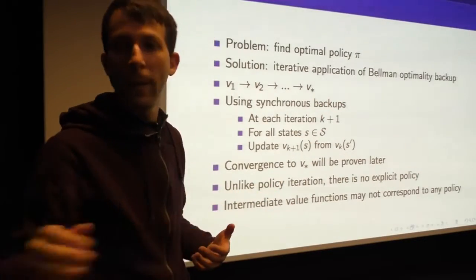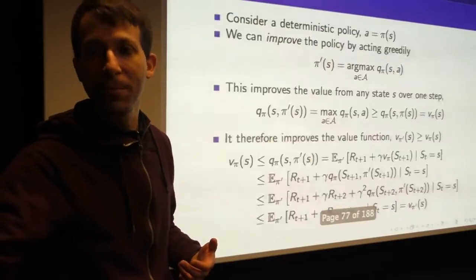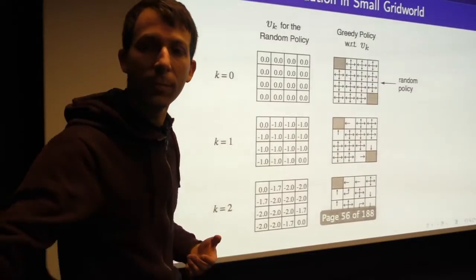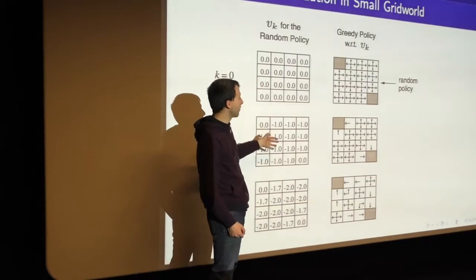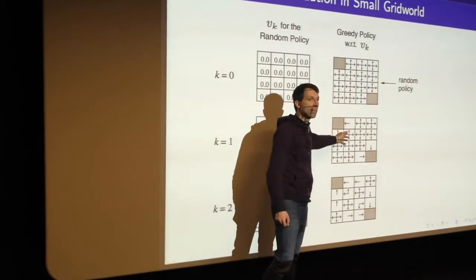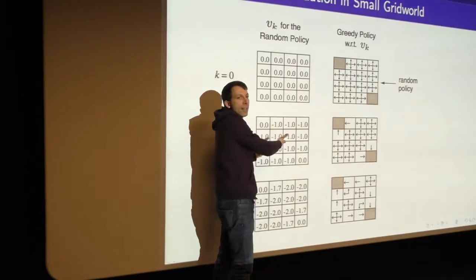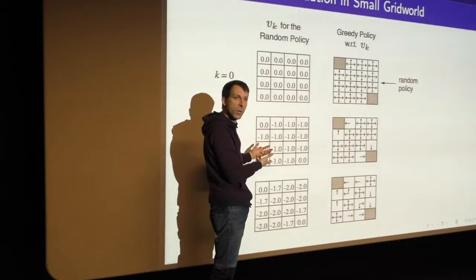If we go back to the small grid world again, sorry I keep going backwards and forwards through these slides, it's more like you just do one step of evaluation and then immediately act greedily with respect to it. This value function, what's the semantics of it? Well, it was just an intermediate step along the way of figuring out what the real value function was.